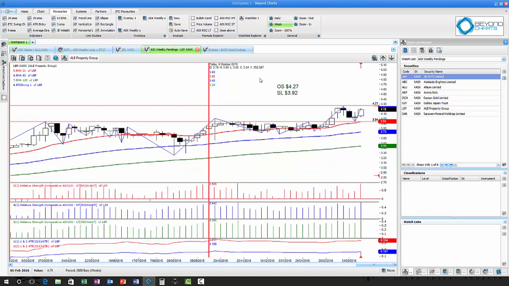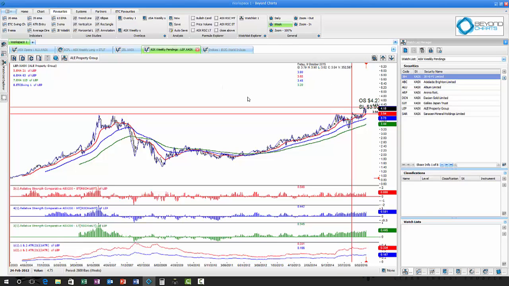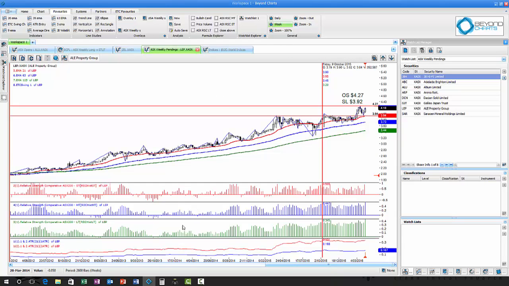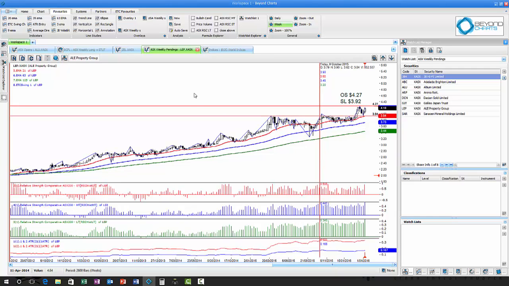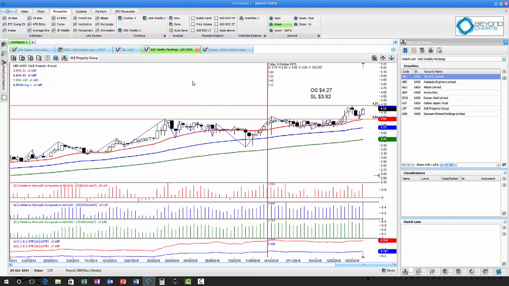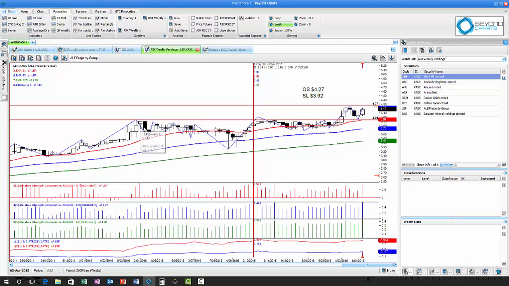Another one setting up nicely at the moment is LEP. Let's just zoom out and see where we are. We're at all-time highs, which is a very positive sign. And again, you'll see that really being replicated in terms of the relative strength there. The longer term relative strength has been very, very strong indeed. And just recently, getting past this sort of supply zone there at around about $4.